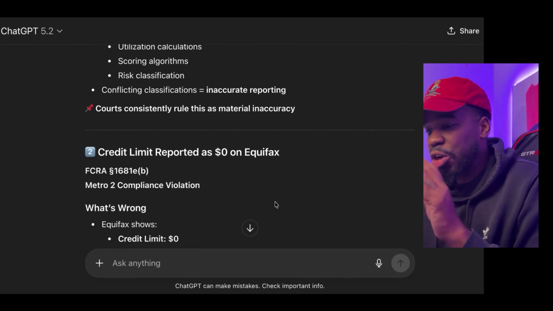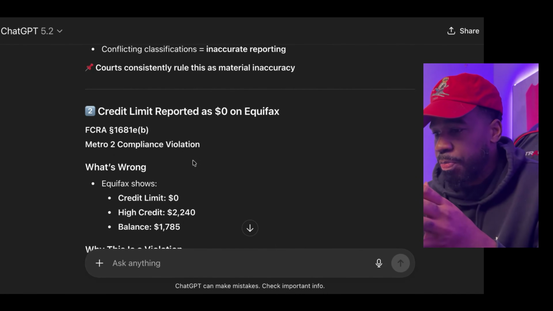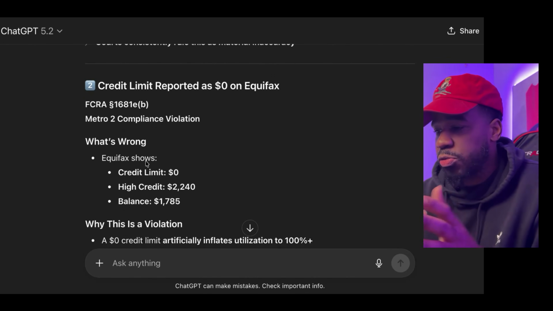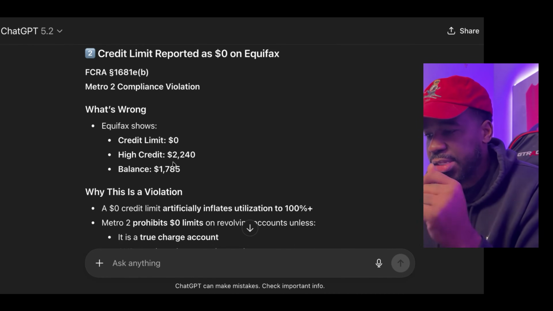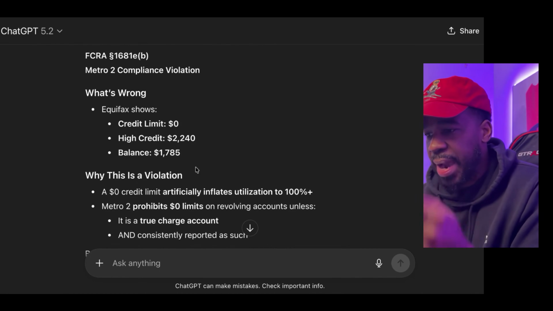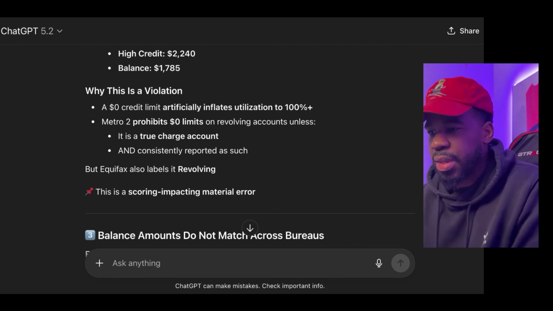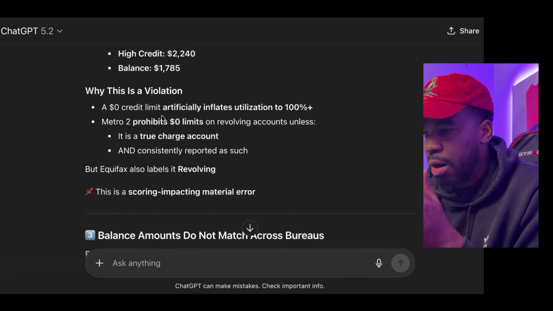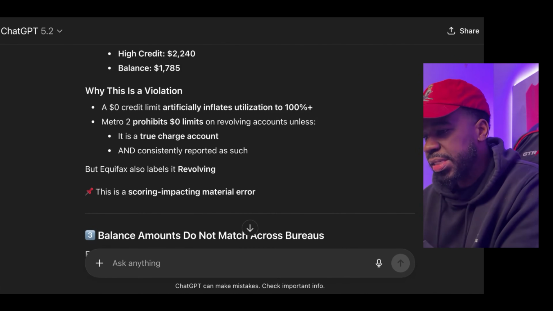Number two, the credit limit reported as zero on Equifax. Metro 2 compliance violation. So what's wrong? Equifax shows a credit limit of zero, high credit of $2,240, and a balance of $1,785. Why is this a violation? A zero credit limit artificially inflates utilization to 100+%, right?